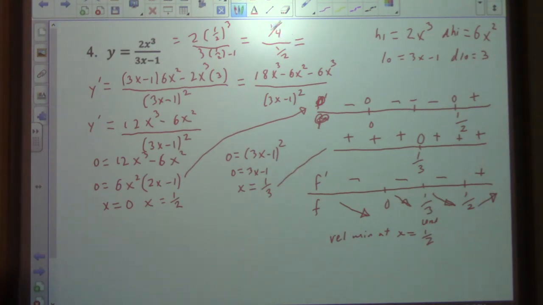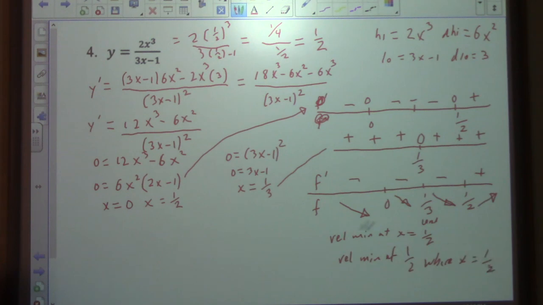Because it's like multiplying this by 2. So the relative minimum is 1/2 where x equals 1/2.